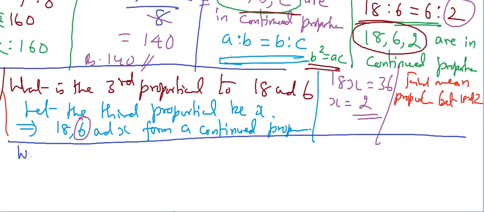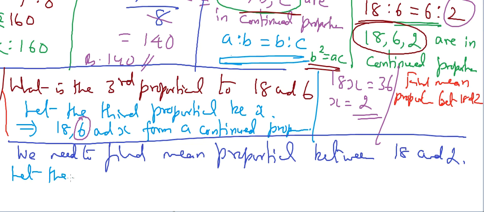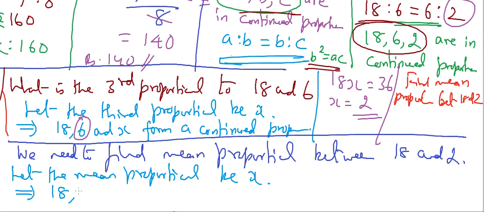The middle one is x, which means 18, x and 2 form a continued proportion.